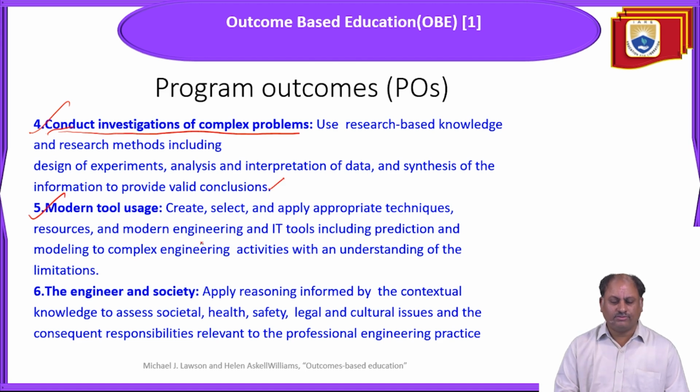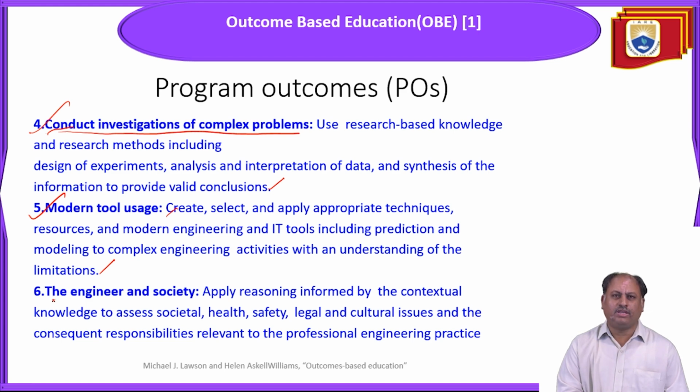And the fifth program outcome is modern tool usage. This is about applying tools. It is the creation, selection, and application of appropriate techniques, resources, and modern engineering and IT tools, including prediction and modeling, to complex engineering activities with an understanding of the limitations.